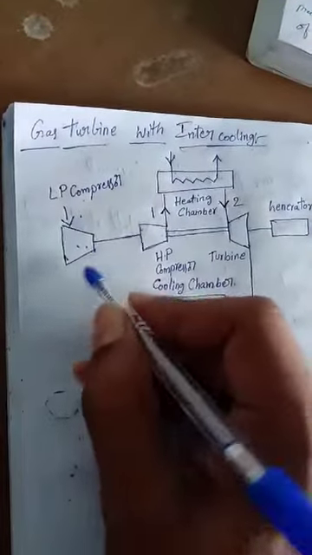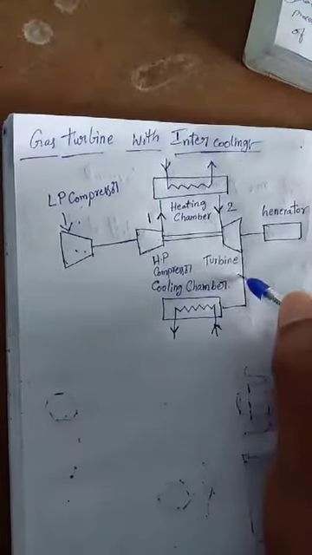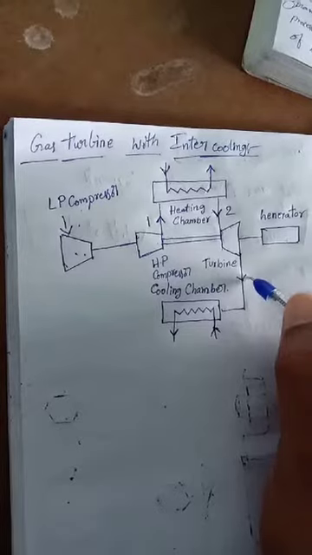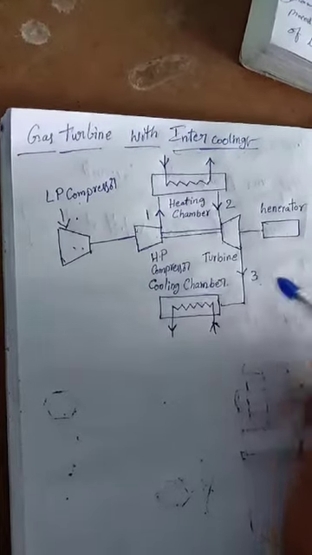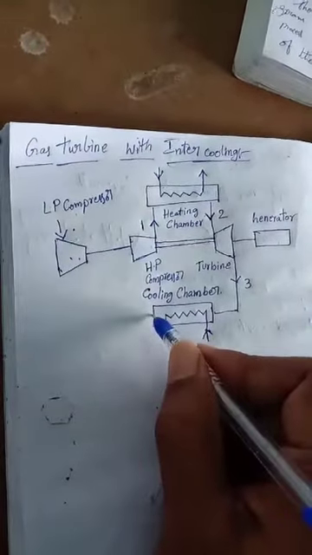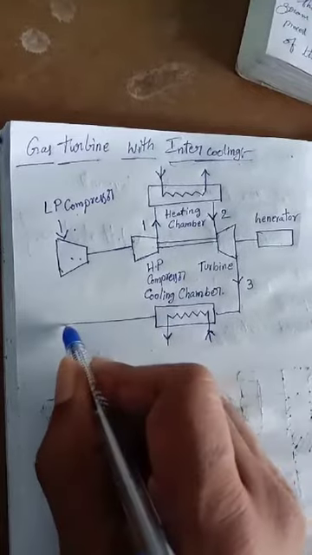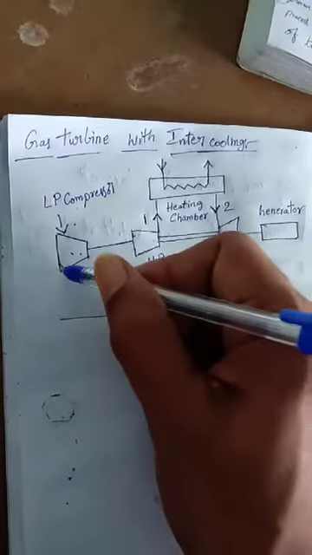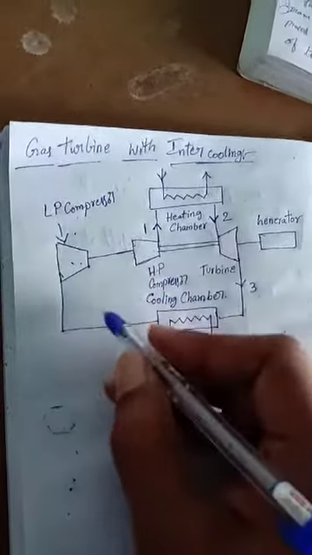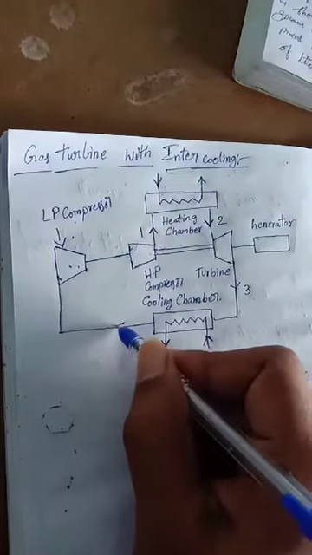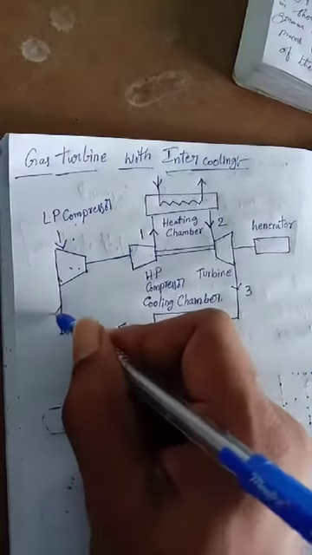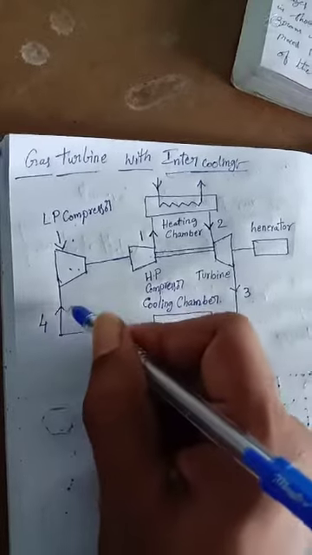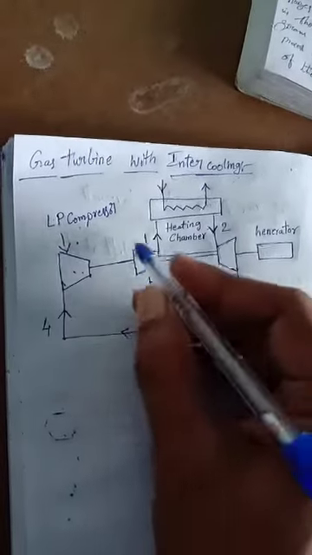Okay, and now here the turbine to cooling chamber we call 3, and then it is going to move to the low pressure compressor. So here it will be called process 4, 3 to 4.